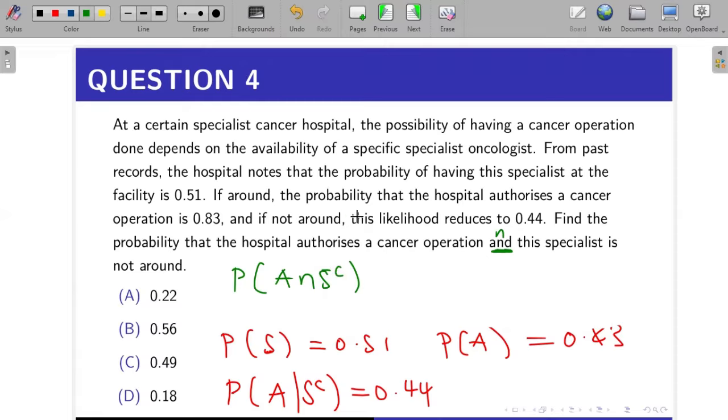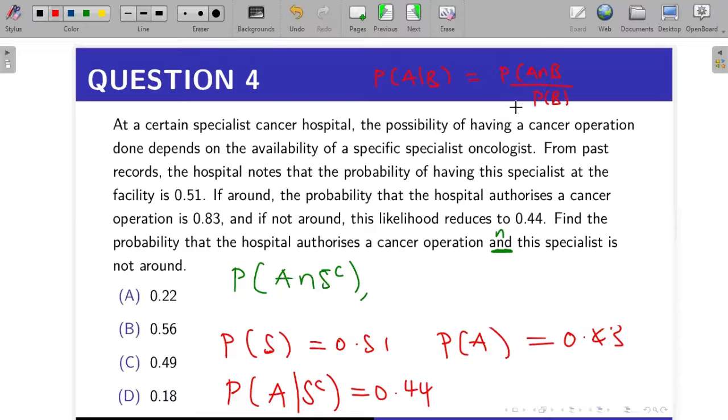So how do we find such a probability? Remember from the conditional probability, if I have the probability of A given B, this is the same as the probability of A intersection B over the probability of B. So this is the formula that I'm going to use.